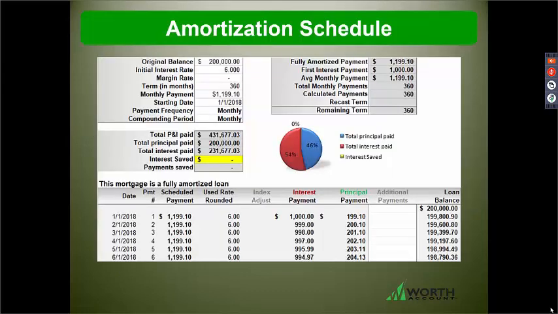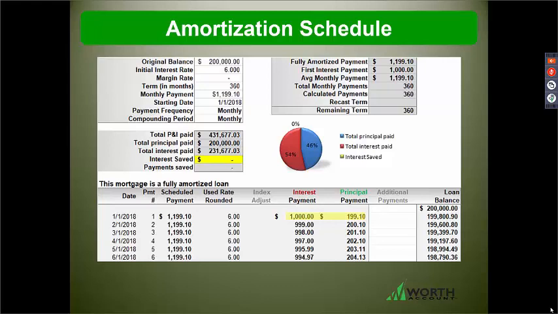So let's take a look at our amortization schedule. This part here highlighted in green is the amortization schedule 1 through 6. Up here, if you can see my mouse, this is our $200,000 loan at 6%. 360 months. Payment is still $1,199.10. Here we've got our principal and interest payments broken out.